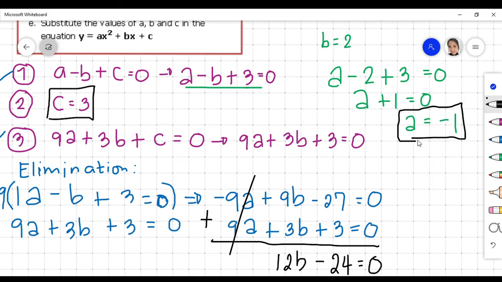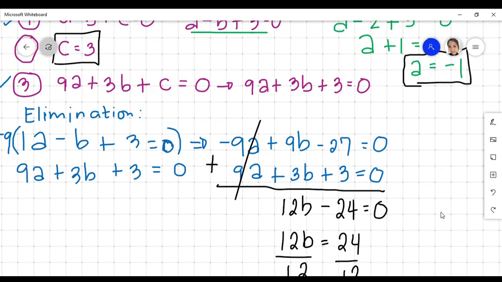So we know the value for A, B, and C. What we will do, we will substitute these values to this equation. Okay, so let's substitute the values.